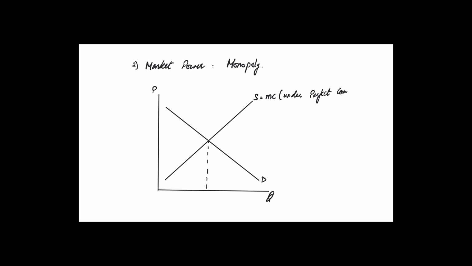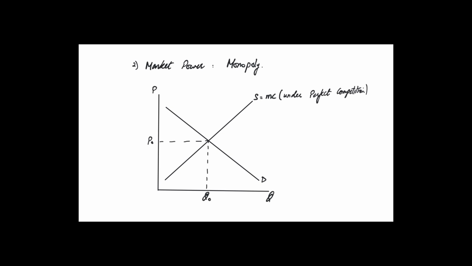I have made this clear before also, that the MC curve is the supply curve only in a perfect competition situation because it's the industry that we're talking about. QO is the quantity in a perfectly competitive market and PO is the price you're going to charge.